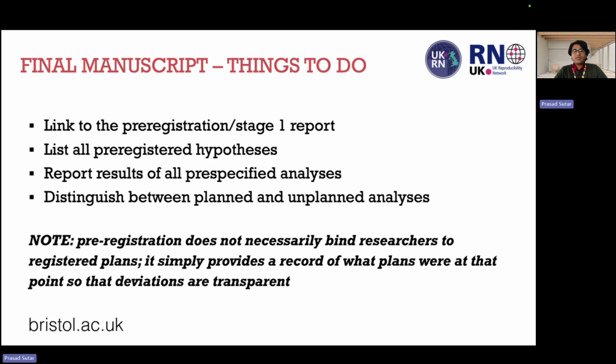Now, in this process, pre-registration won't bind you to your plans, but it is just a place where it is recorded that the particular research is going to be conducted in such a manner, with such steps and plans. And if there are deviations, researchers will report those deviations. It creates a transparent scenario where the deviations are also clearly tracked.